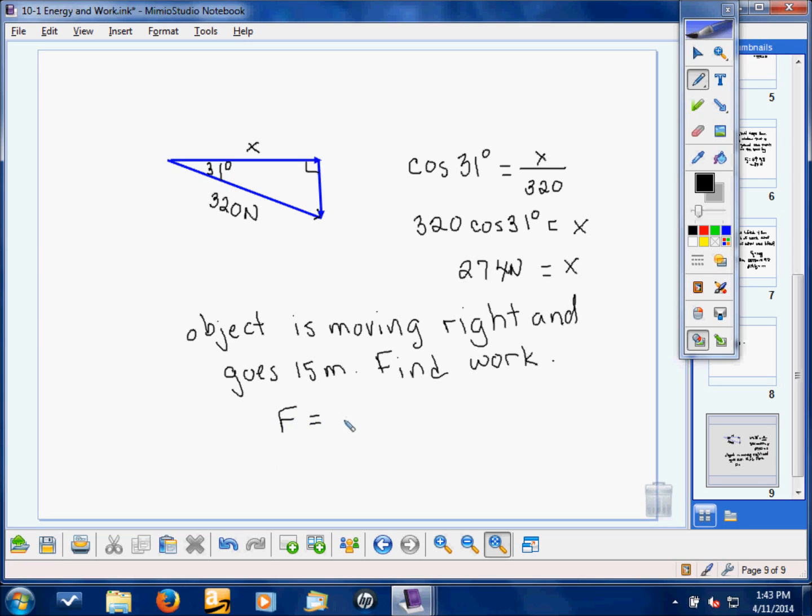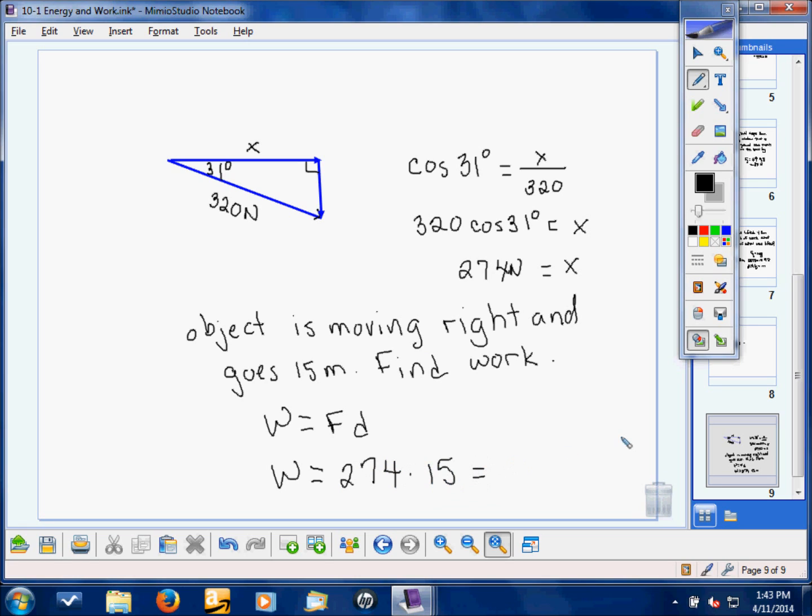So my work, I'm sorry, I mean work, equals force times distance. Our component is 274, and the distance moved is 15.